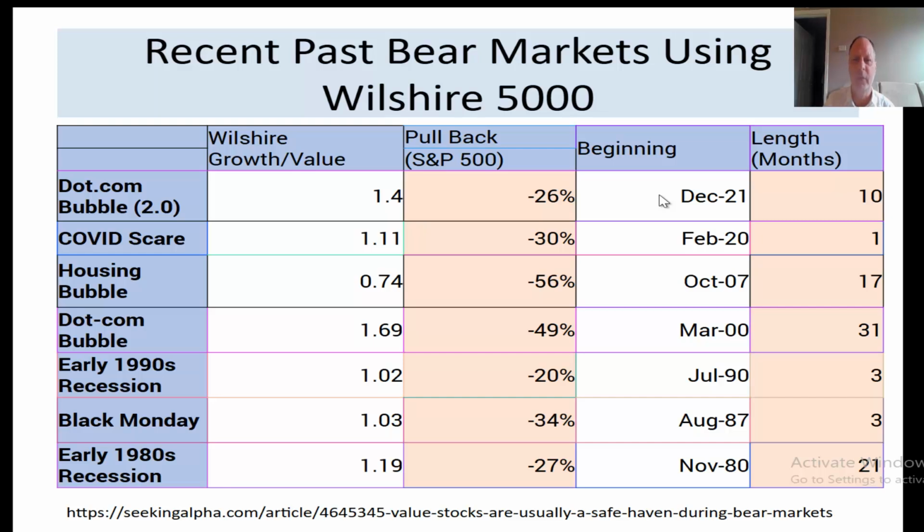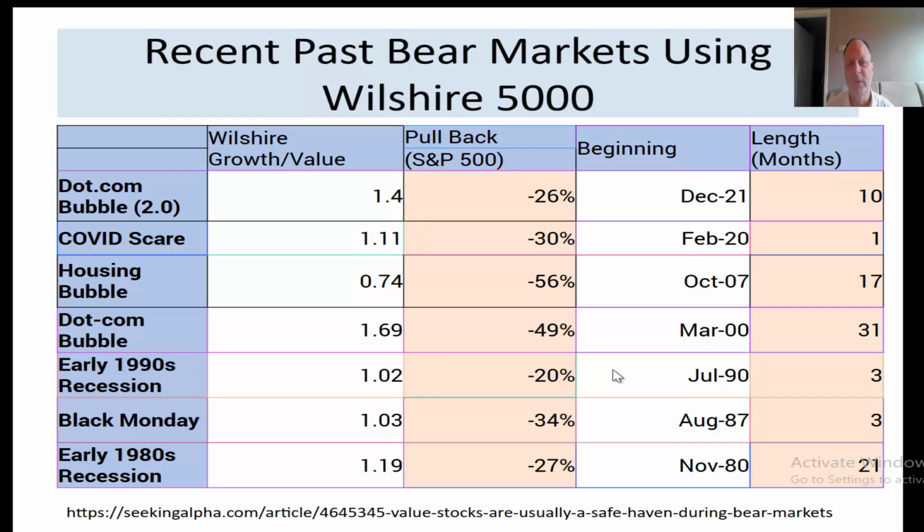Before that, we had the very quick pullback and recovery from COVID of 30%, only lasting 1 month in February of 2020. Before that, we had the housing bubble burst and a very large stock market drop of 56% over 17 months, starting in October of 2007. And then we had the first dot-com bubble drop of roughly 50% starting in March of 2000.